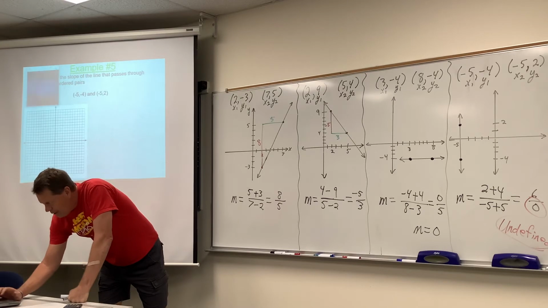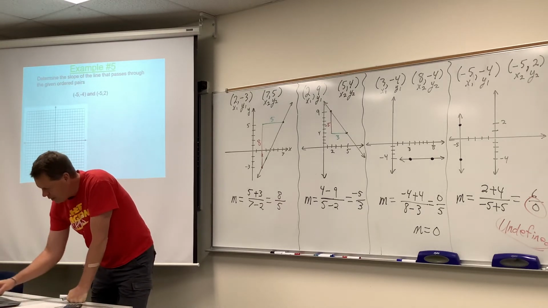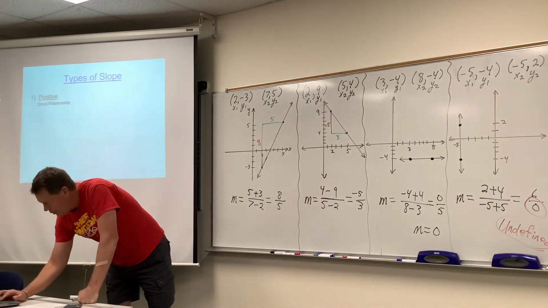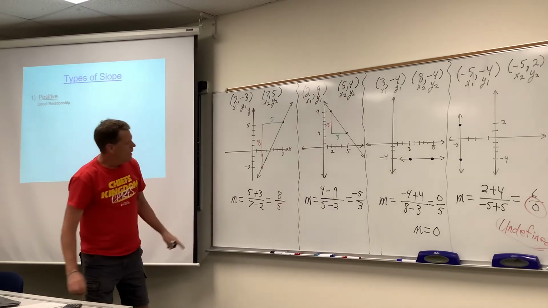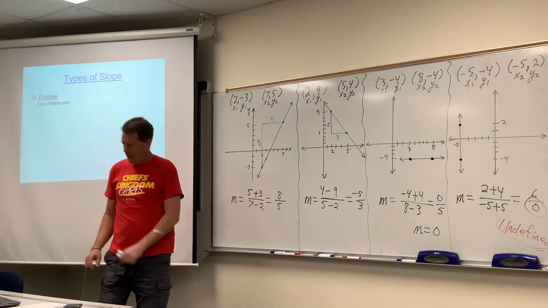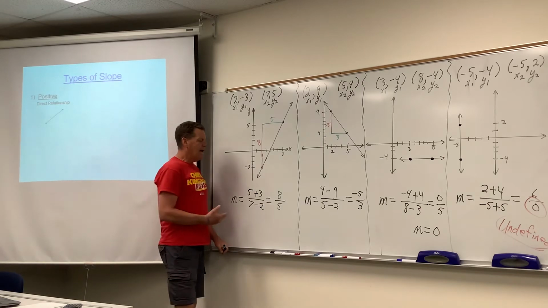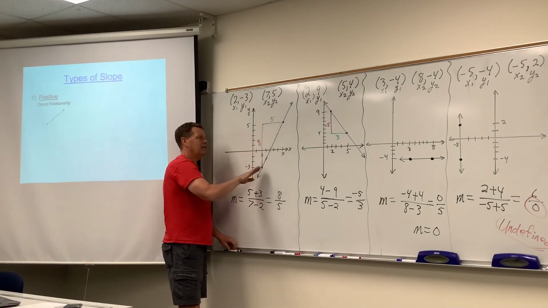So, here we go. We now can have a discussion about the 4 different types of slope. If you'll go to those notes, I did one of each example. What are the 4 types of slope that we have here? When we get a positive number for a slope, such as 8 over 5, we say that the 2 variables have a direct relationship, and the general appearance of a positively sloped line is like this.